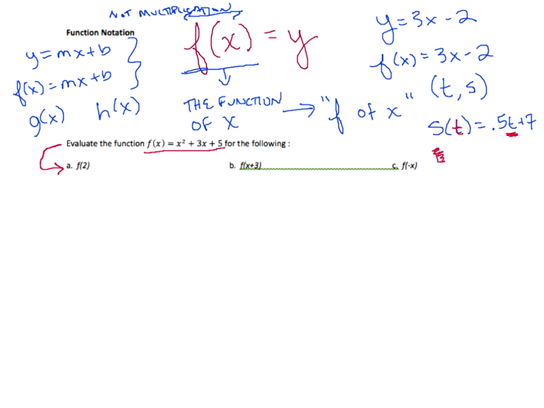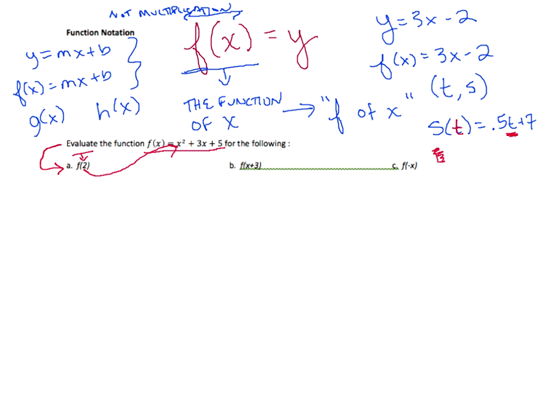If I want to know what I get when I plug in 2 for x, I can simply write, tell me what f of 2 is. And all I've done is replace the x variable in there with a 2, and that is just telling me to go and plug in 2 wherever I see x in the function.